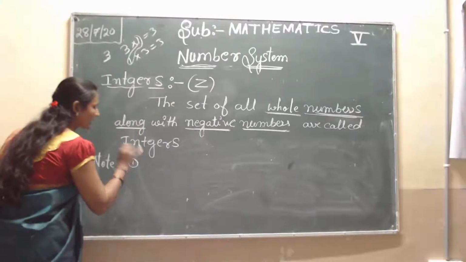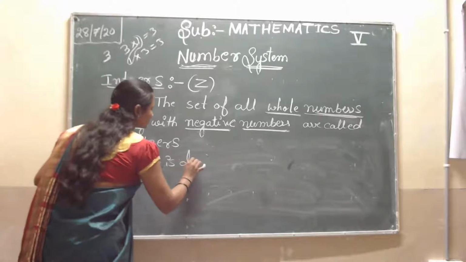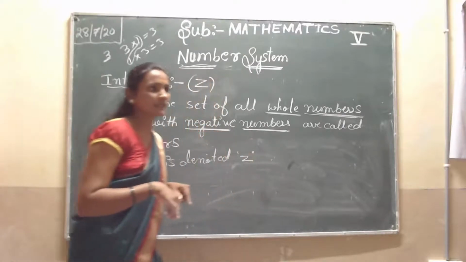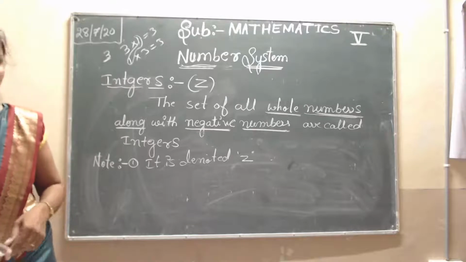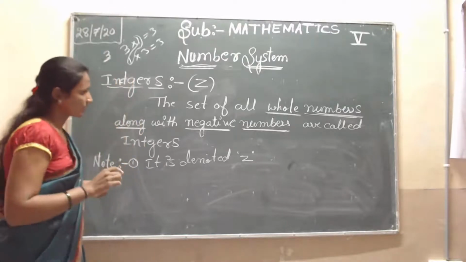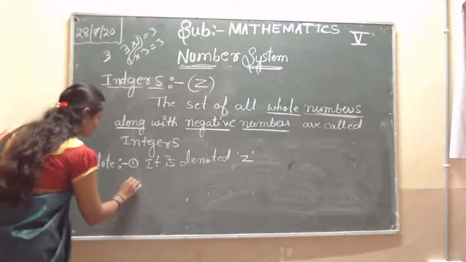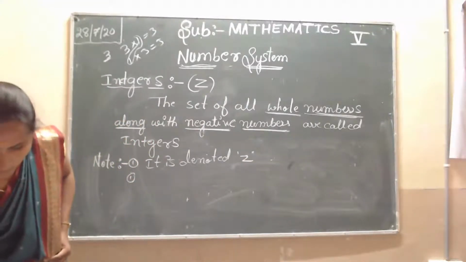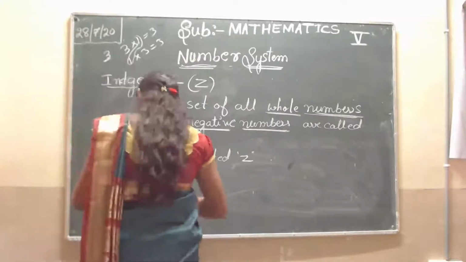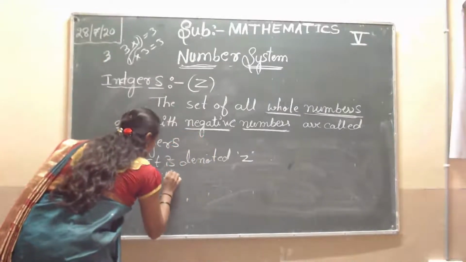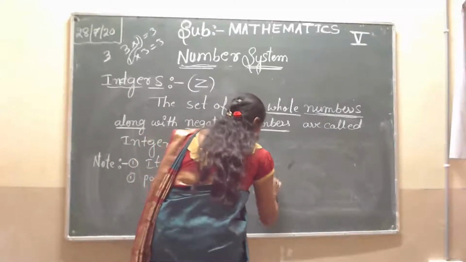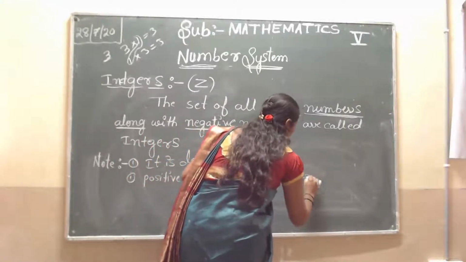That is the first point: it is denoted by capital Z. Next, the positive numbers: +1, +2, +3, and so on.